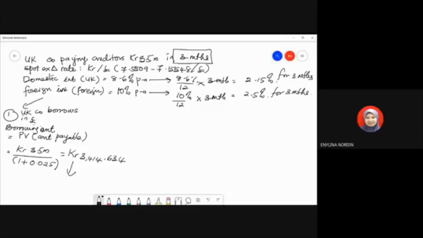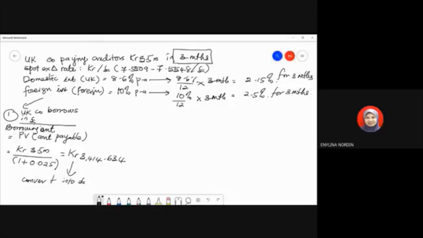You should convert this amount into pounds. Actually, we can only know how much the UK company should borrow in pounds by converting this amount into pounds. That means you are buying the kroners in this case.